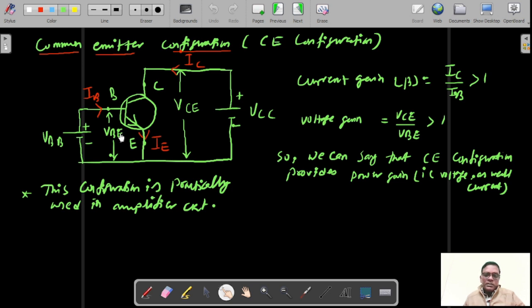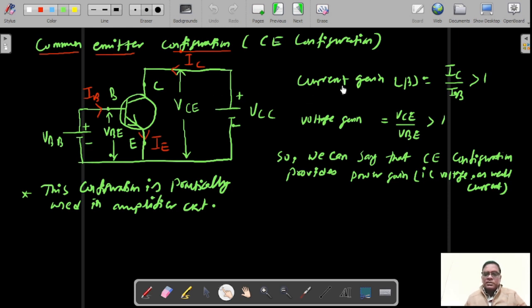And IE and IC are the two majority carrier currents. These are measured in milliamperes generally, and IB is in microamperes.